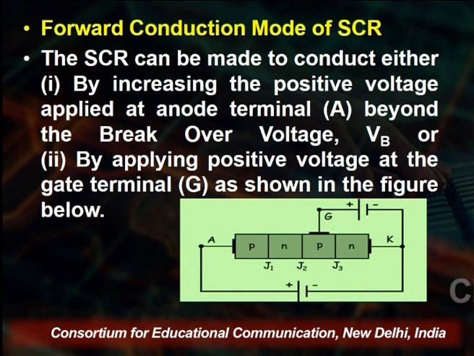Now, in the first case, increasing the applied bias causes the initially reverse biased junction J2 to break down at the point corresponding to the forward breakover voltage, that is VB.